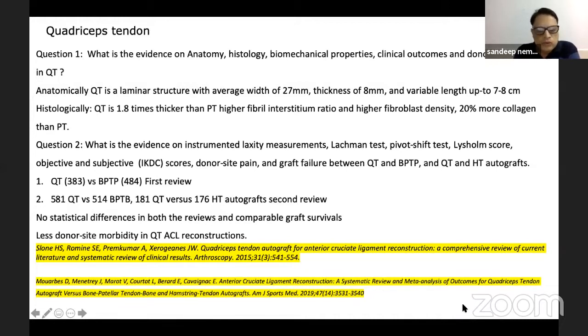And the second review assessed 581 quadriceps tendon versus 514 bone patellar tendon bone, and 181 quadriceps tendon versus 176 hamstring tendon autograft. They found no statistical difference in both the reviews and comparable graft survivals. Then there is lesser donor site morbidity in quadriceps tendon ACL reconstructions.